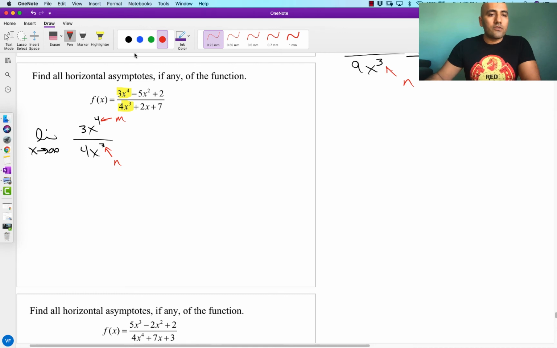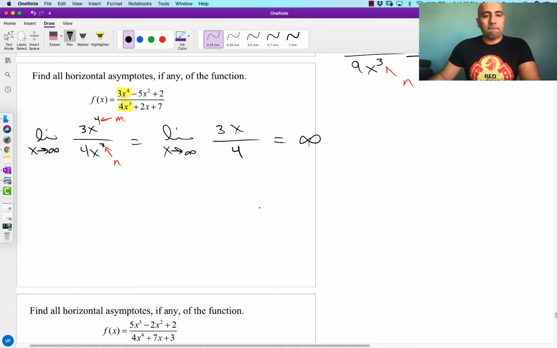So this is just going to reduce to the limit as x approaches infinity of 3x over 4. And so as you plug in a very large number times 3 divided by 4, you're still going to have a very large number. So that just goes toward positive infinity.